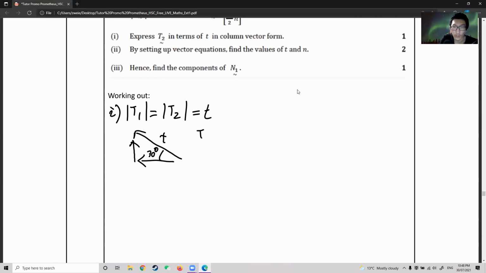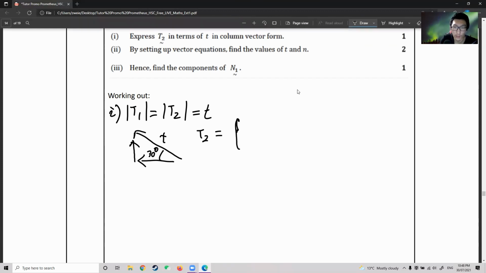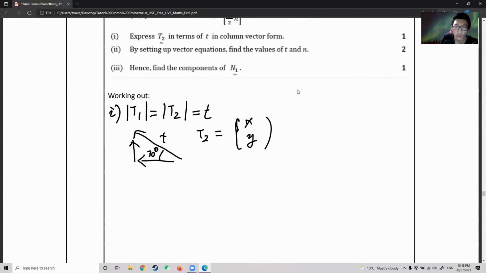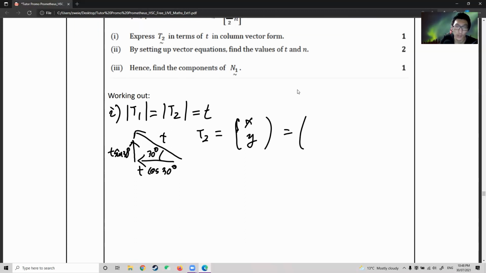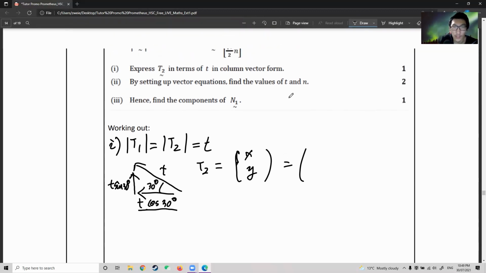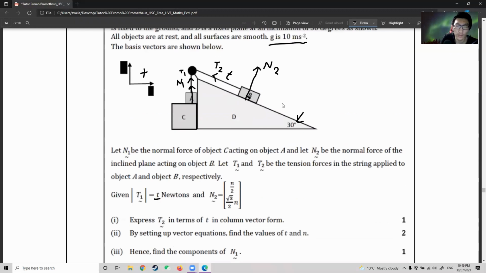Two parts, so T2 will be equal to X on the top, and Y. What will be my X part? This will be T cos 30 degrees, and this will be my T sine 30 degrees. Now please notice that although this is T cos 30, look at which part is your positive direction, right?